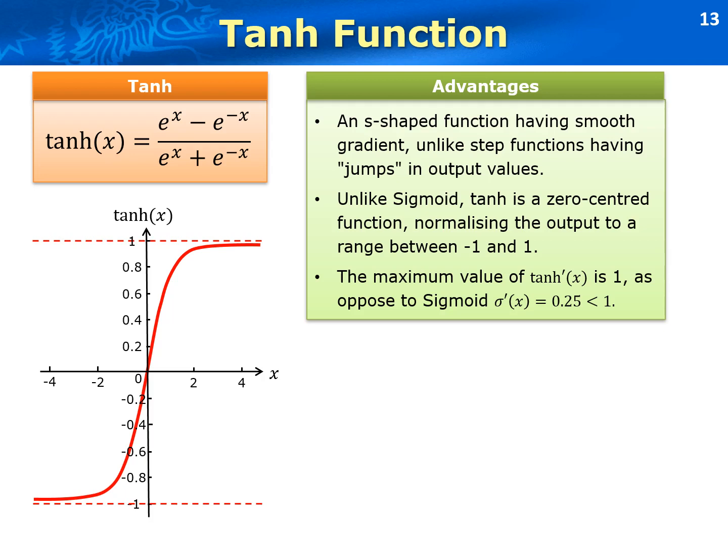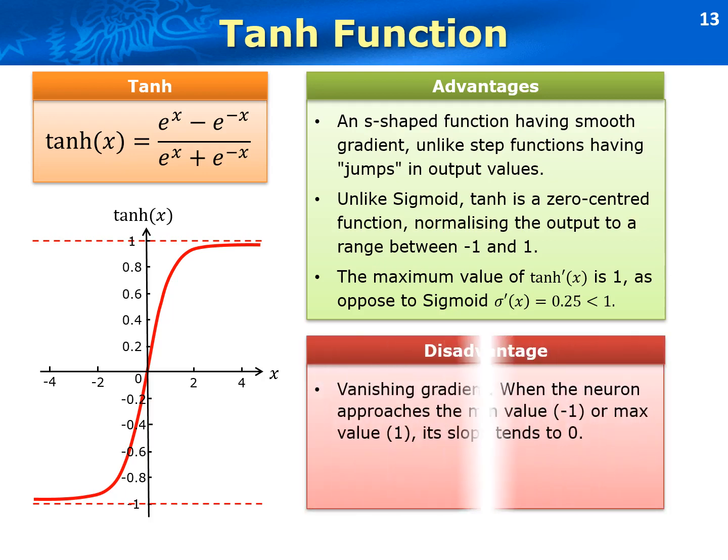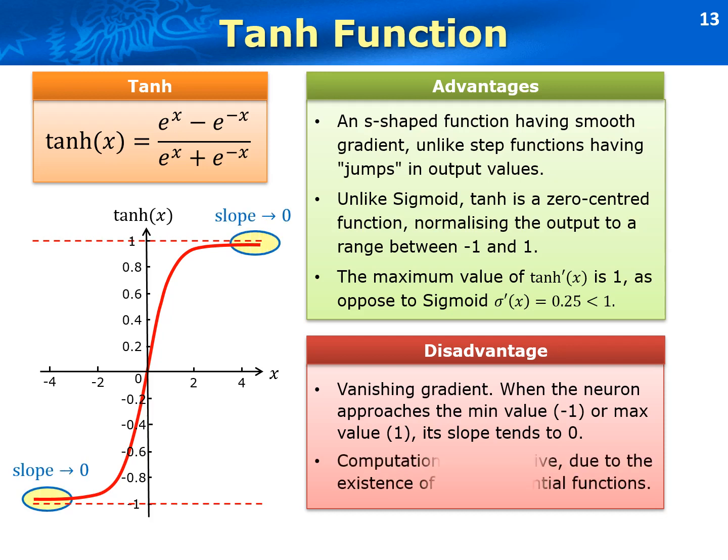However, tanh also suffers from the vanishing gradient problem. For very large or very small inputs, the slope of tanh approaches 0. In addition, tanh is computationally expensive due to the existence of the exponential functions.